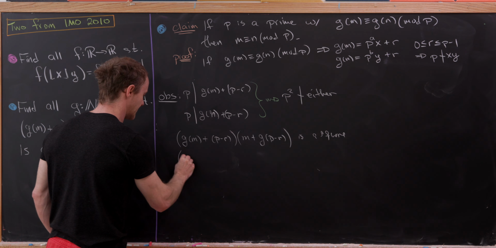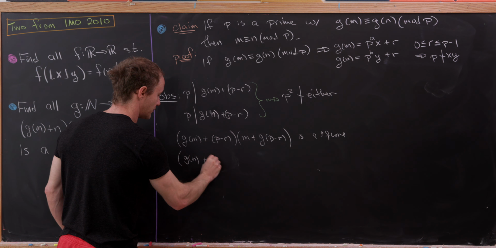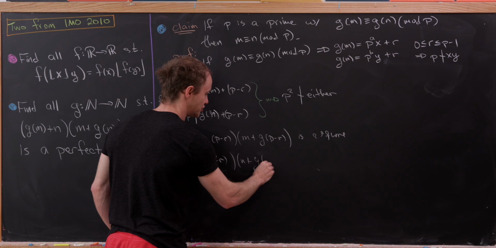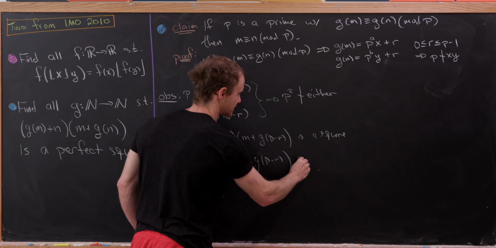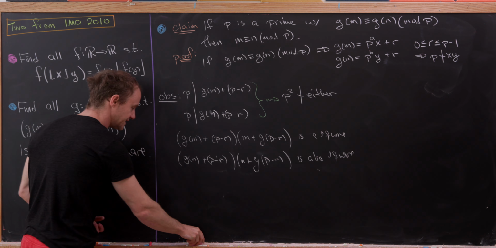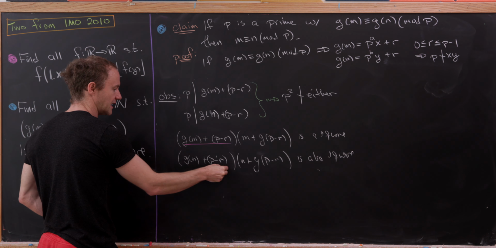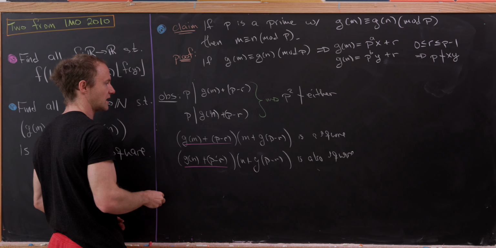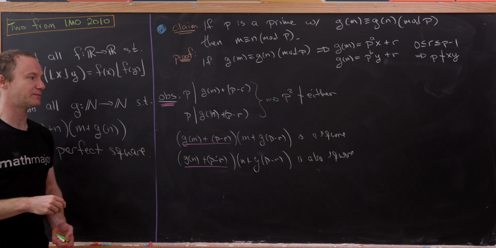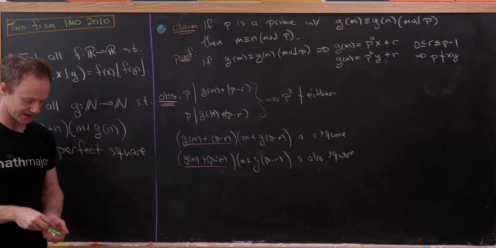We also know that g of n plus p minus r times n plus g of p minus r is also a square. But now these two things that I'm underlining in this magenta color have this property up here where p divides into them, but p squared does not divide into them.